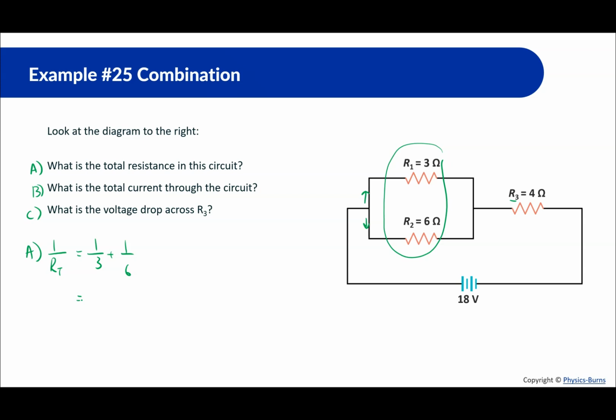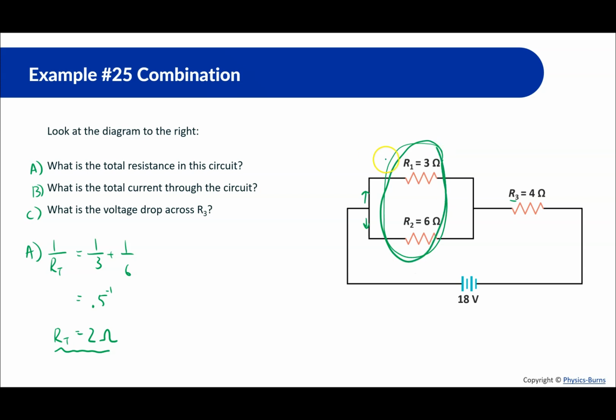And then let's see what we get. 1 divided by 3 plus 1 divided by 6. And we get 0.5. And then I'm going to try to find the inverse of this so I can find what the resistance total is. So I'm going to put this to the power of -1. And we get, this is 2 ohms. Okay, that's not what the resistance total is. That's just what this is combined here.